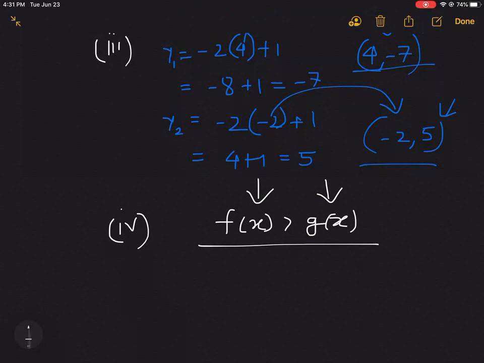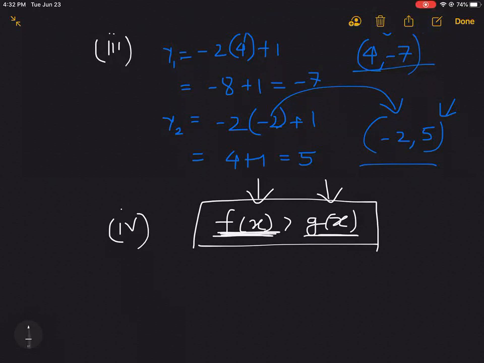We have said this at the beginning of today's lecture. So if we want to see the region where this inequality holds, all we need to do is look at the options. We might have more than one, I'm not sure how many we have here. But all we need to check is where the graph of this function is actually above the graph of the other.